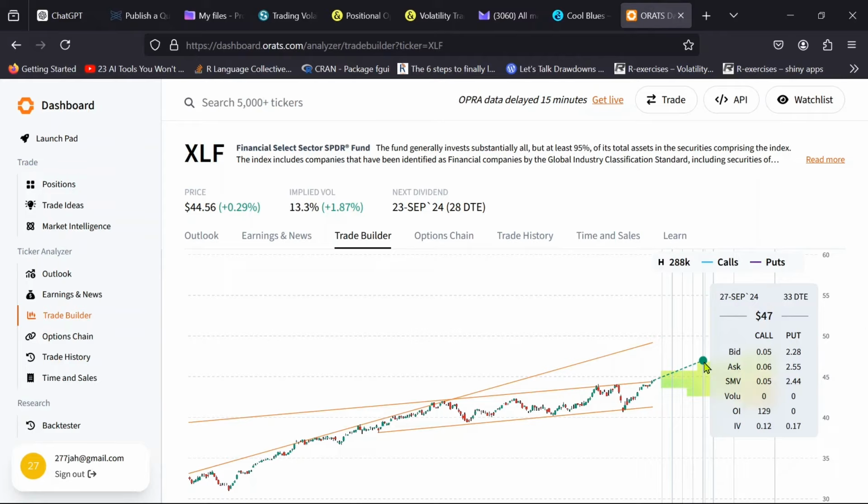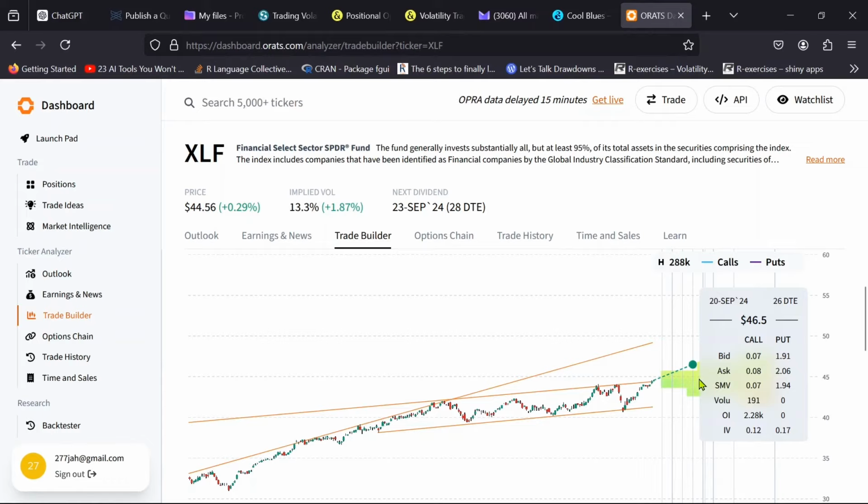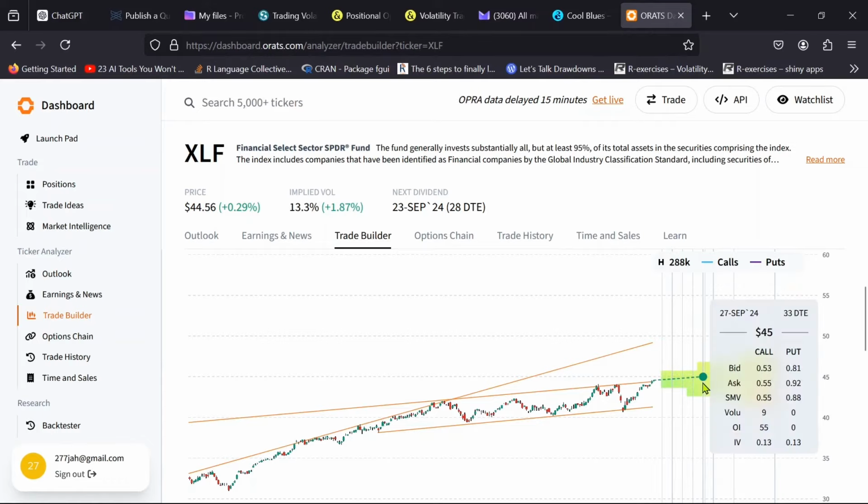Let's see. 27th of September. Maybe buying in the money. Oh yeah, that's okay. You can buy at $45. You could sell the $45 call and buy the shares for $44.56.